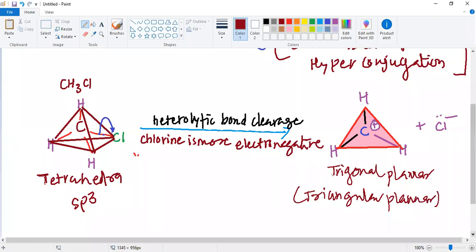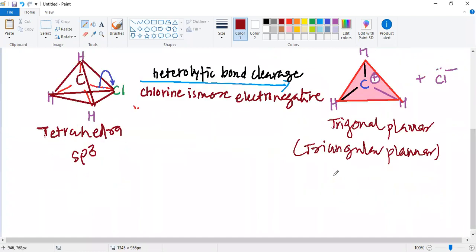Can you tell me what the hybridization is when we have this kind of triangular planar structure, my dear students?